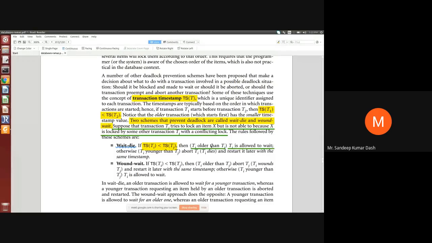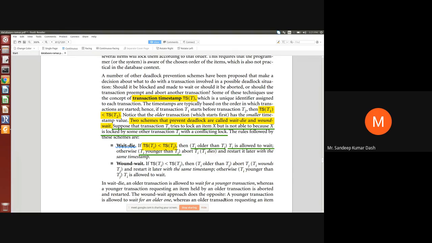If Ti is younger than Tj, then Ti is the transaction which is requesting, and Tj is holding a lock on the data item X. Suppose, since I am older, put me in Ti, and since you are younger, put yourself in Tj.